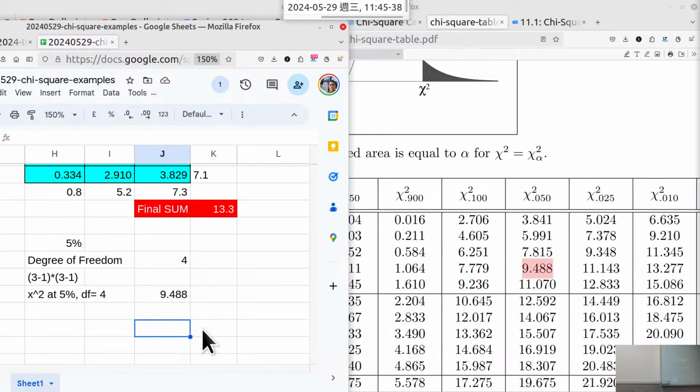Click here, times. It should be 40. Okay, let me do it again. Here, the cell B33 times E30. Okay, then slash, it means divided by here, and click enter.